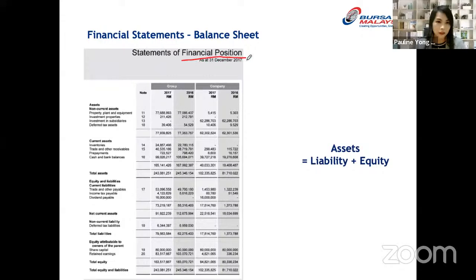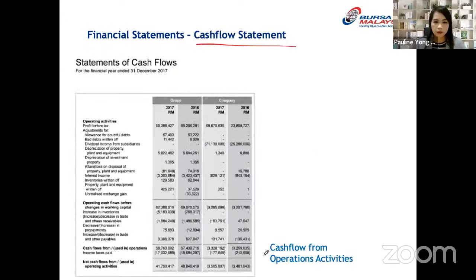This looks at the net worth of the company, the net tangible assets. You can see assets and then liabilities, and the equity part is the last part here. By looking at the equity, you can see the net tangible assets. Then the last one is the cash flow statement, where you are looking at the cash flow of the company.